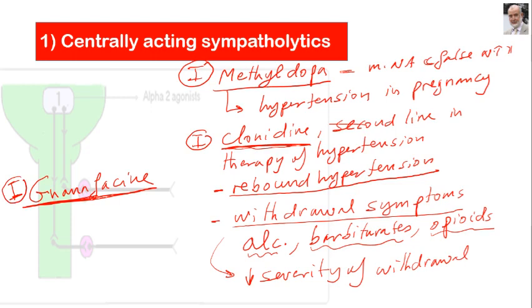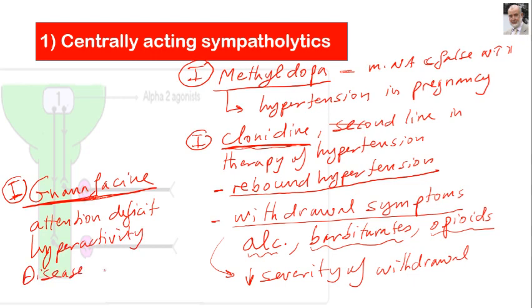It is also indicated for the treatment of attention deficit hyperactivity disorder, which is known as ADHD.